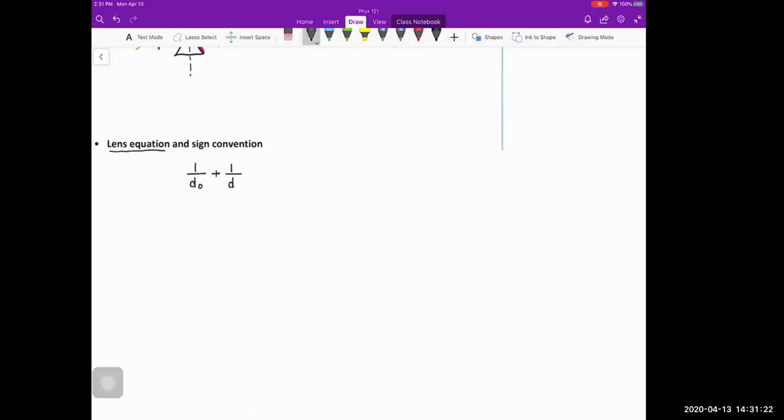That's very simple, right? This is a very simple equation. Second equation. Let's start with the F. If you have an F, then it's going to be negative for divergent.